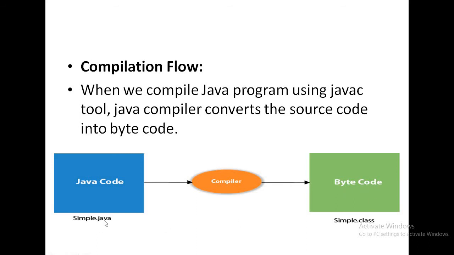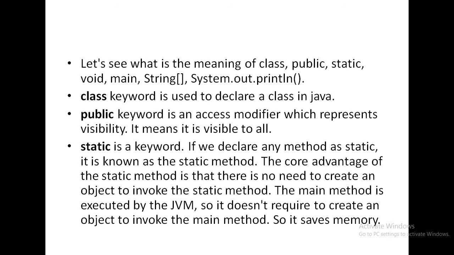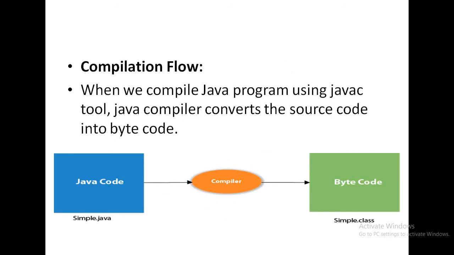So this Simple.java is compiled and forms the Simple.class file. The first source code is converted to bytecode, and after that the bytecode is given to the JVM, and the JVM converts that .class file into .exe file.